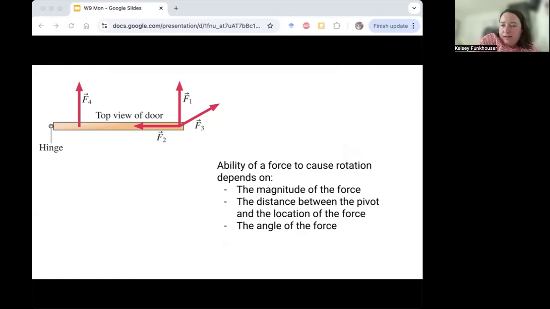So if you paused at the previous slide and tested this out on the door, you should at the very least have been able to see how the distance from the hinge affects things. It was probably really hard to try and open the door by applying a force so close to the hinges.